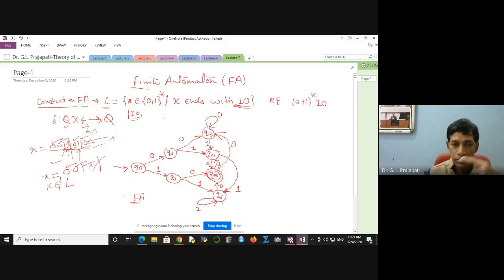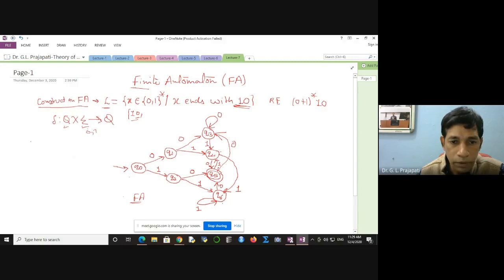Okay. So you need to remember the last two symbols, and for remembering the last two symbols, we can write L2, where 2 denotes that the last two symbols are 10. Here, how many states are there for L2? If you need to remember the last two symbols, then you need 7 states.